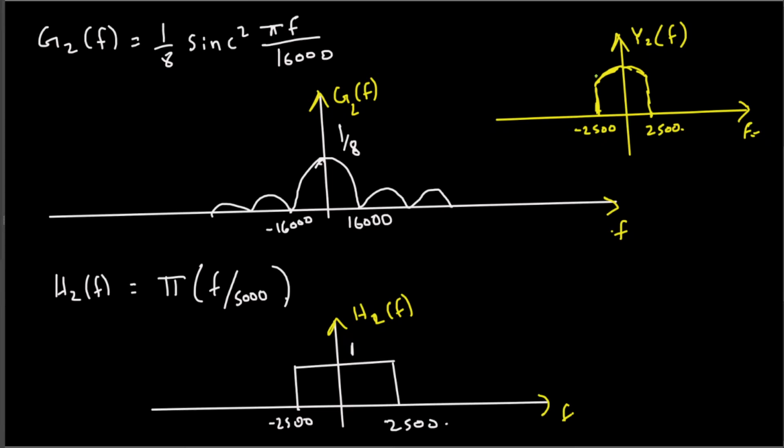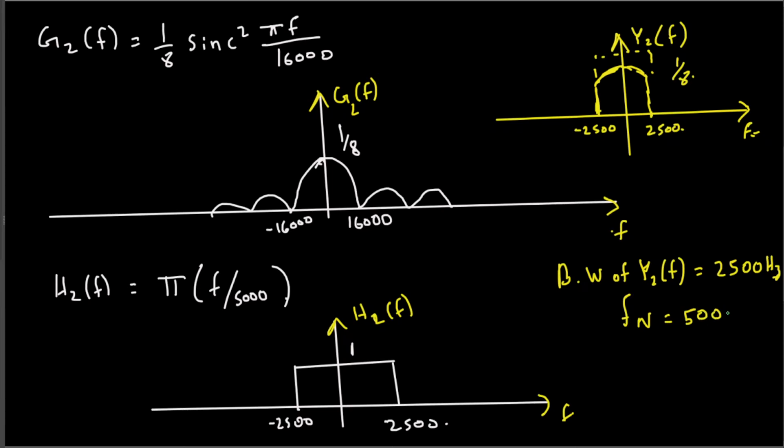It's going to have that much only, and whatever the value below 1, and in this case the height is just 1/8, so it's going to remain like this. So the bandwidth of Y2 of f is just 2500 Hertz, but the Nyquist is going to be double of that, so that's going to be 5000 Hertz.